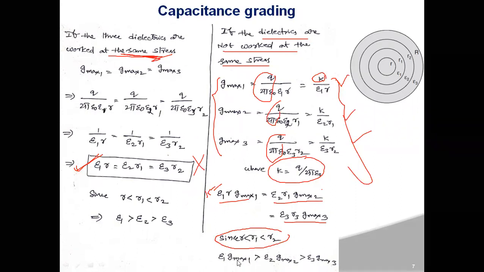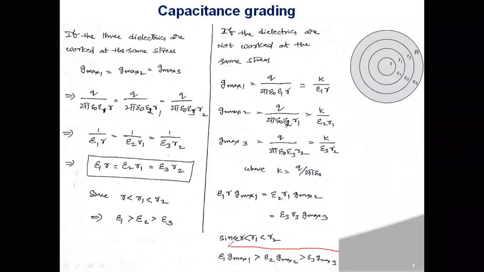So this epsilon 1 Gmax 1 will be greater than epsilon 2 Gmax 2, which is greater than epsilon 3 Gmax 3. Right? From this condition, remember it is important: the product of permittivity and maximum dielectric stress for the first layer should be more than the second layer, and for the second layer it should be more than the third layer.